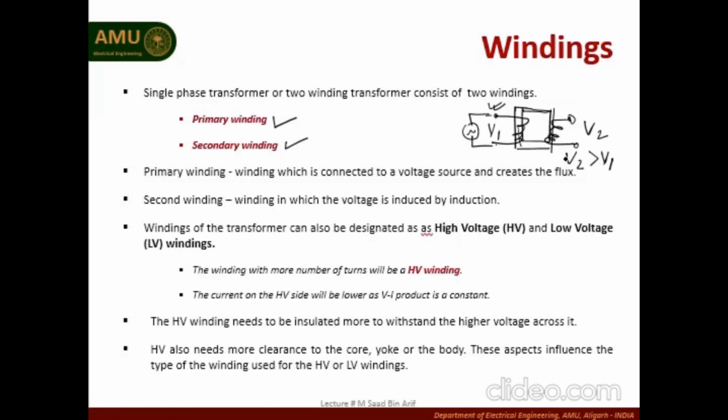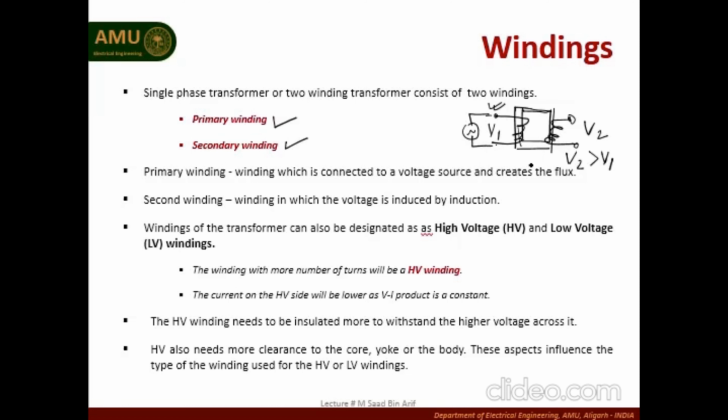And it is very interesting to note that a step down transformer can be made a step up transformer by making the lower voltage winding its primary winding. So if we make the lower voltage winding of a step down transformer its primary winding, then you will find that at the secondary winding we start getting more voltage and it starts behaving like a step up transformer.